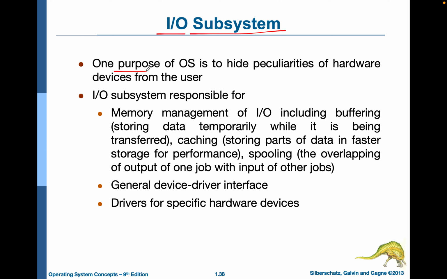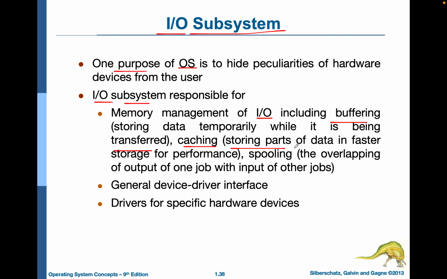Okay, one purpose of OS, which is your system, is to hide peculiarities of hardware devices from the user. The input-output system is responsible for memory management of your input-output, including buffering, when you are storing data temporarily while it is being transferred.